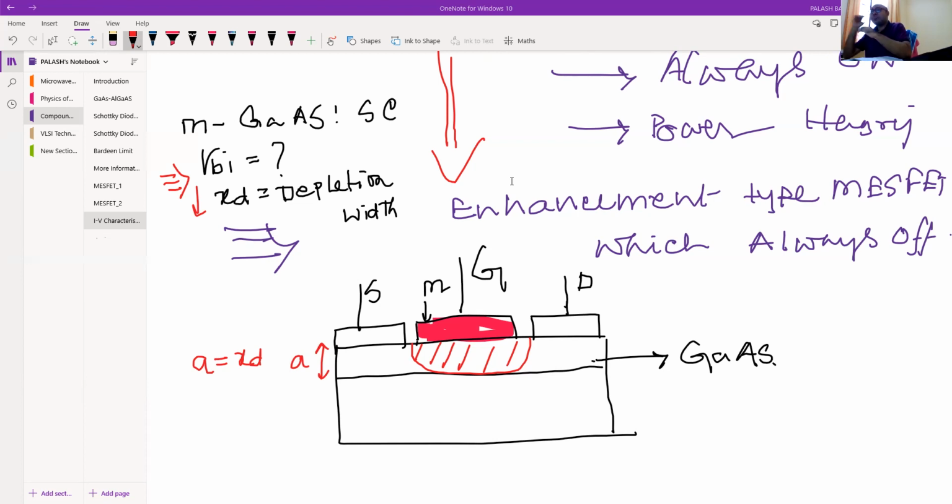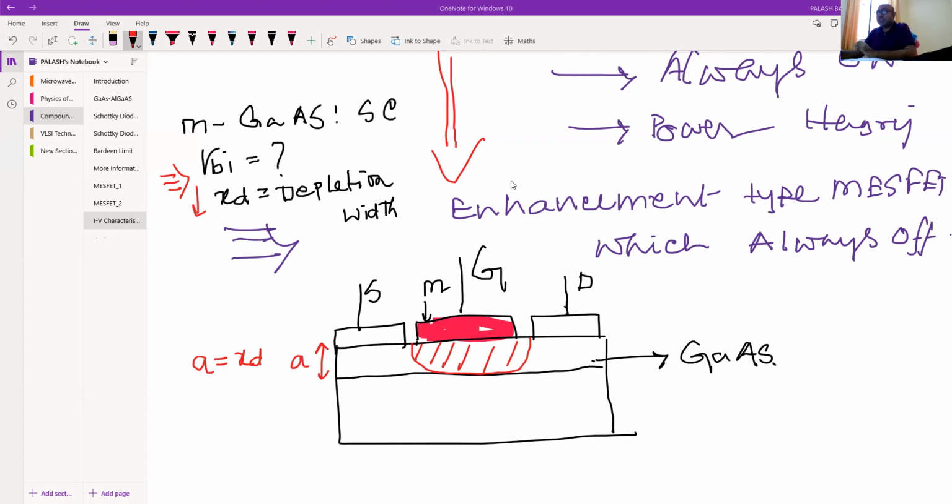Earlier, you were trying to close the depletion type of MOSFET by applying gate voltage. Here we are saying that my built-in potential is such that it is already closed. My A is so small that it is already closed. My doping profile of the gallium arsenide is such that my depletion region closes this junction.